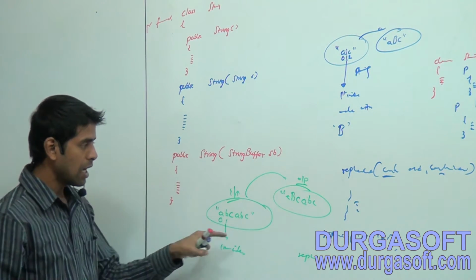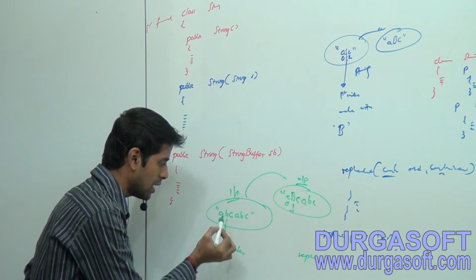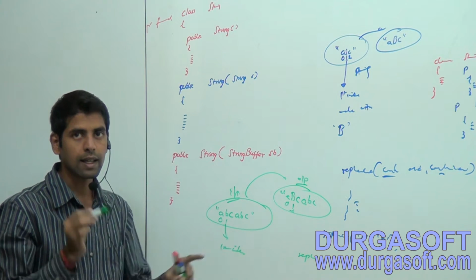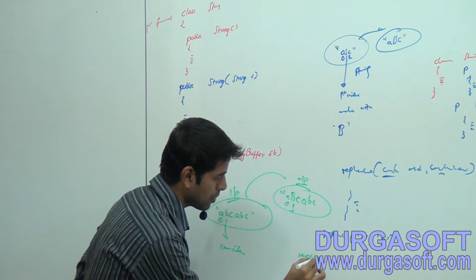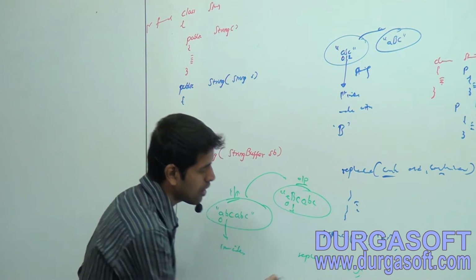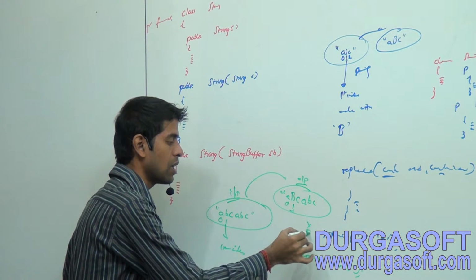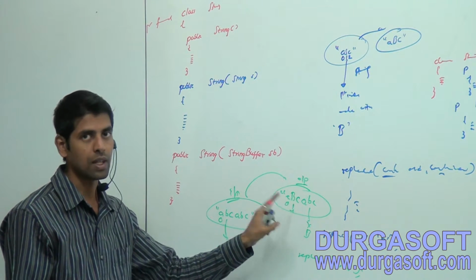I want only the first index character to be capital B. If I use the replace method, you cannot achieve that. It will replace this B also. I want only this B.